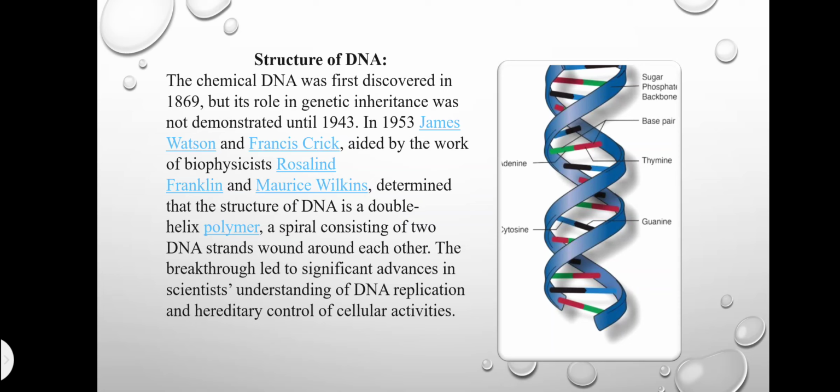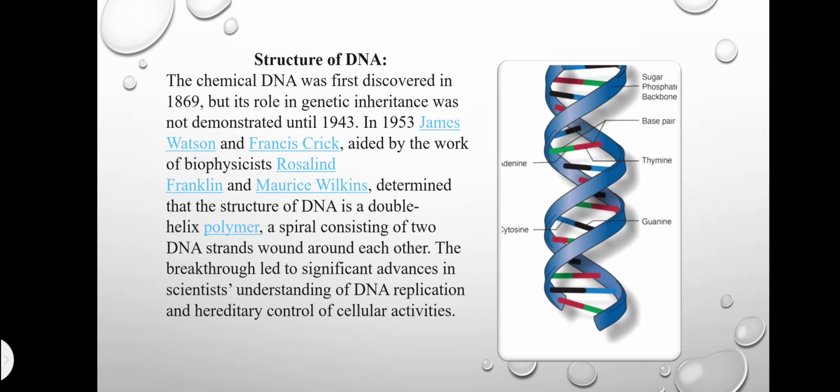In 1953, James Watson and Francis Crick, aided by the work of biophysicist Rosalind Franklin, determined that the structure of DNA is a double helix polymer, a spiral consisting of two DNA strands wound around each other.